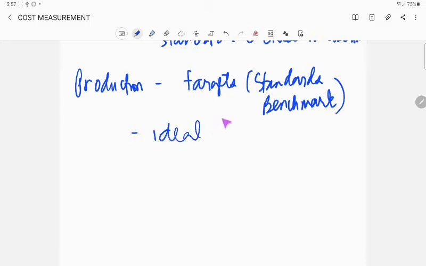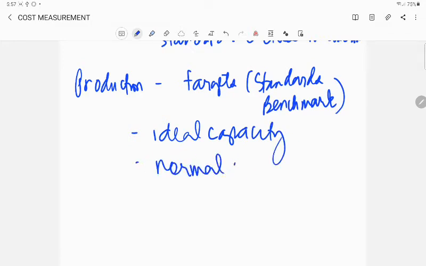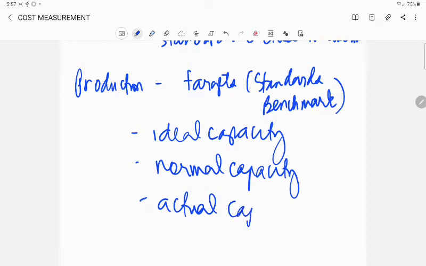Meron tayong tinatawag na ideal capacity, and then you have a normal capacity, and then you have your actual capacity.